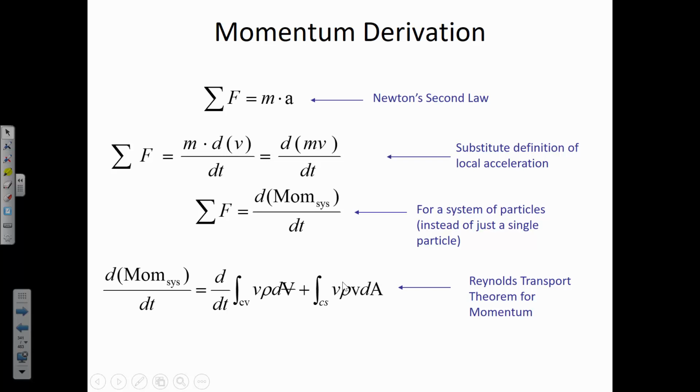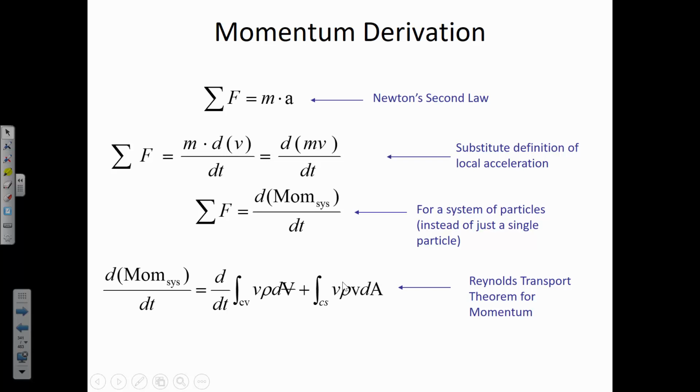Density, velocity, and area together is the mass flow rate. Remember that mass flow rate, m dot, is density times Q, and we know that Q is VA. So mass flow rate is the density, velocity, and some cross-sectional area.